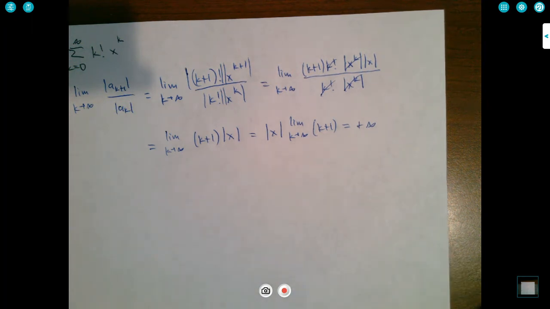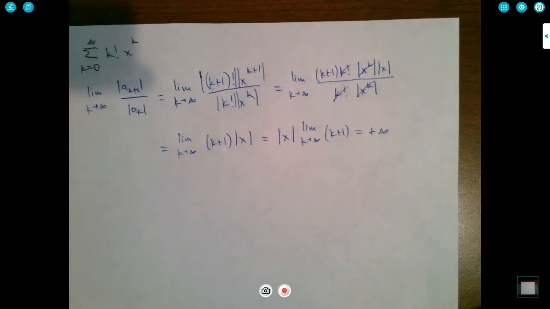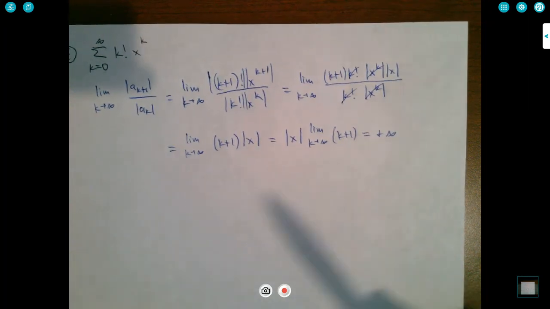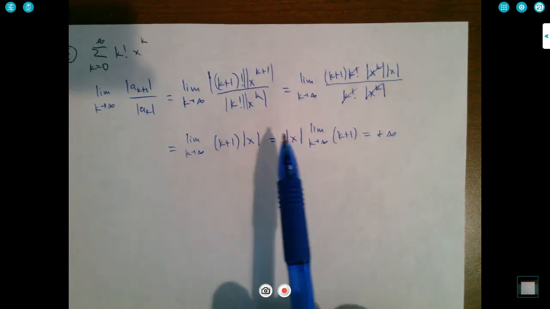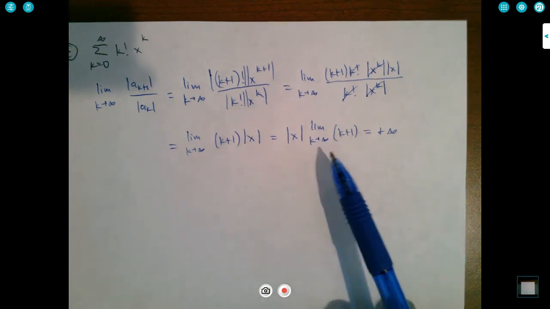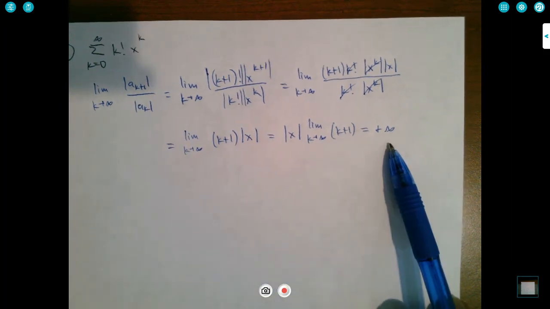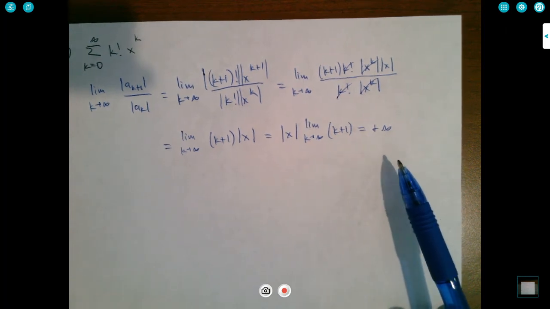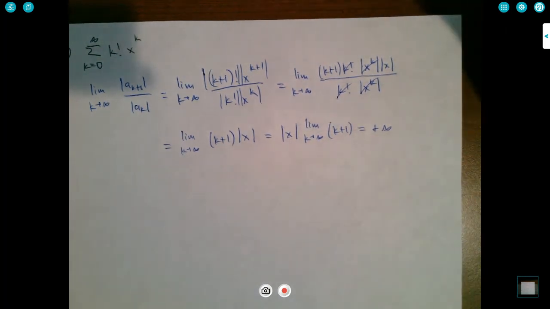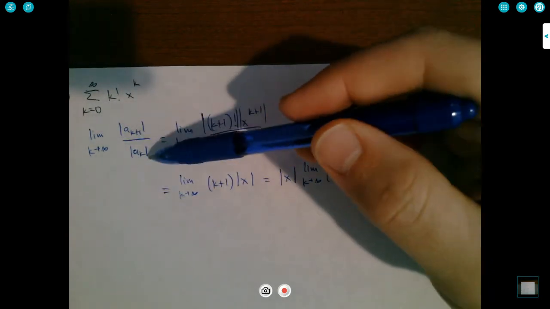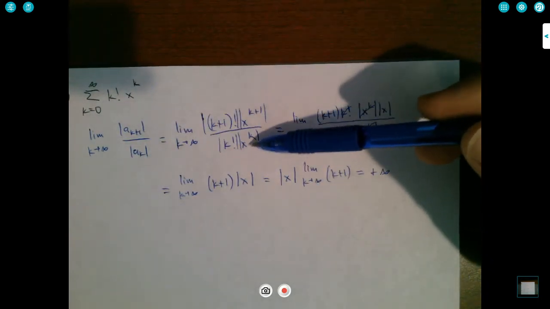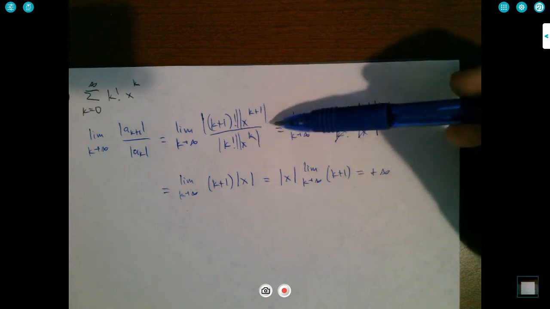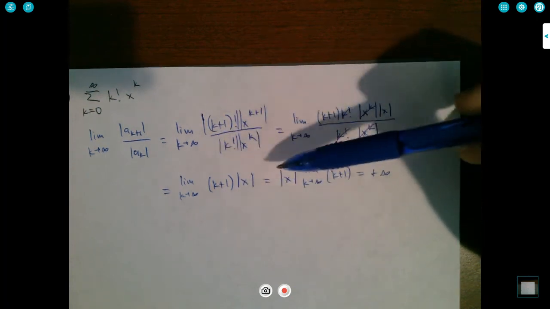So that's an issue, right? That's an issue because it doesn't matter what we plug in for x. We're always going to get infinity when we apply the ratio test. Now, there is one caveat here, because notice that in order to apply the ratio test, we had to divide by x to the k. Well, if x is 0, then this expression is meaningless, right?